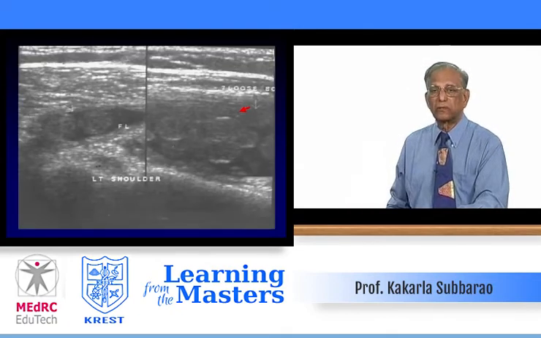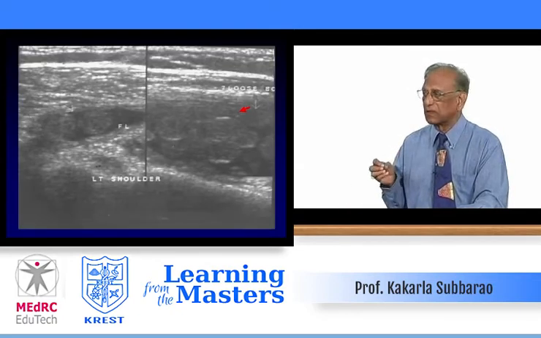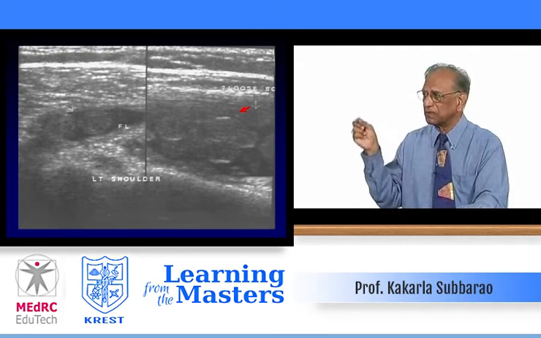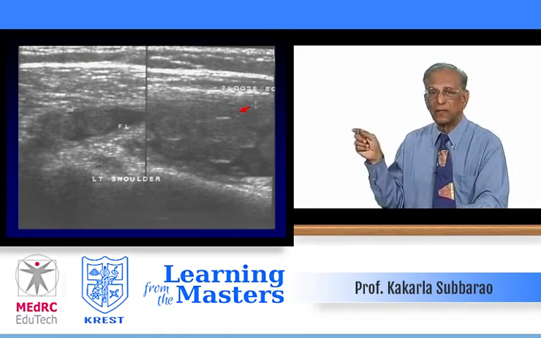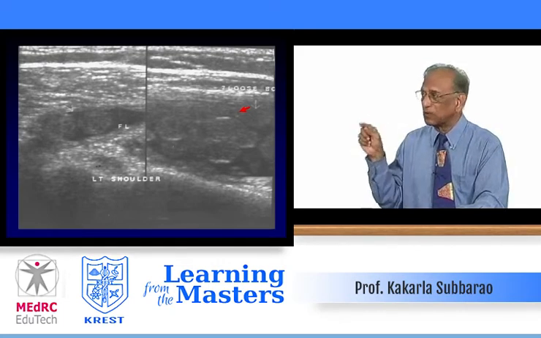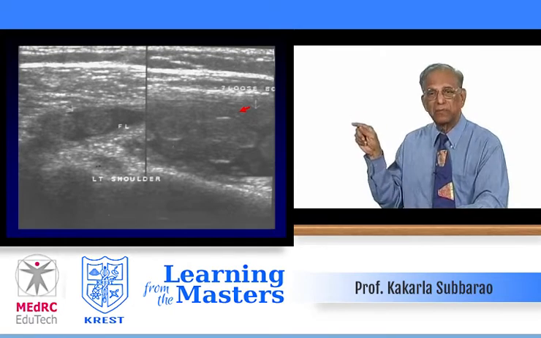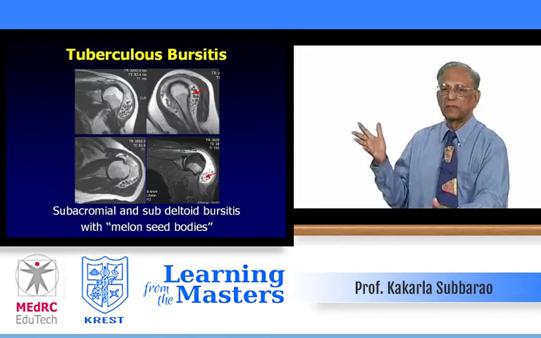So ultrasound, to know whether it is solid or cystic. You find multiple rounded or oval lucent areas or lower echo areas with an echogenic rim, indicating that it may be fibrous tissue or a capsule or calcium.